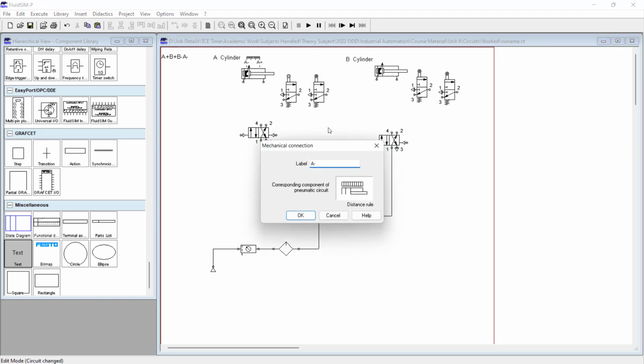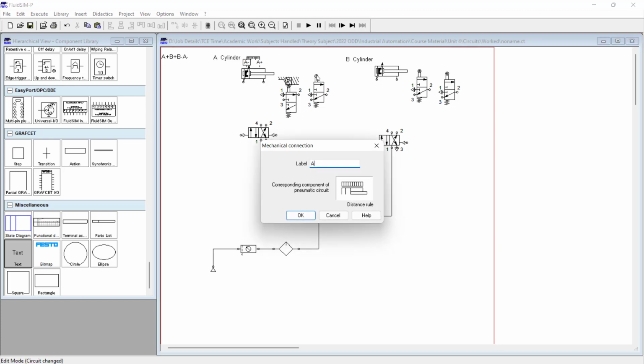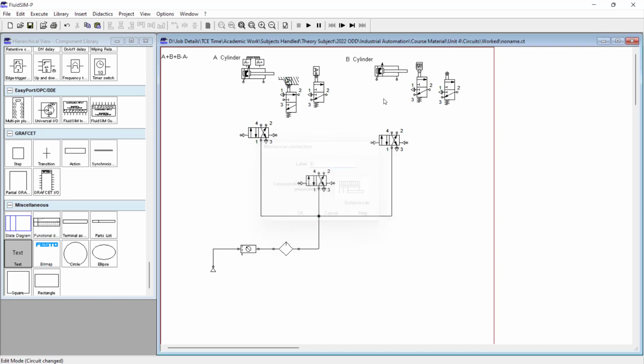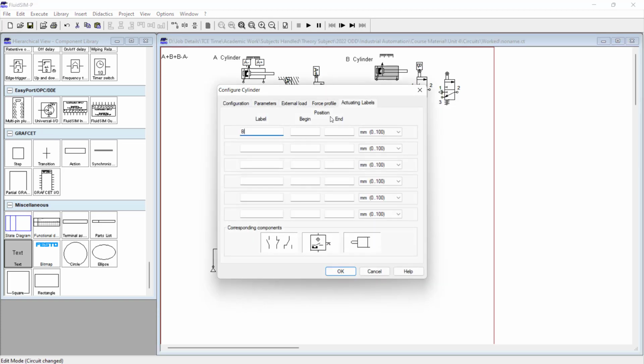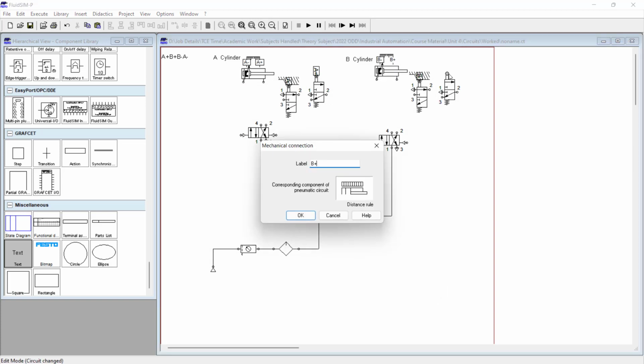A minus will be 0, A plus will be 100, B minus will be 0, B plus will be 100.